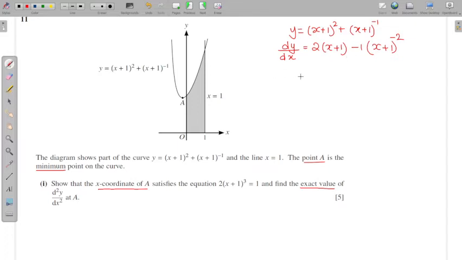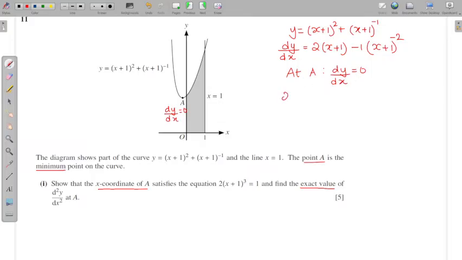Now at point A, since this is a minimum point, and a minimum point is a type of stationary point, right? And at a stationary point, dy by dx is always equal to 0. So that is why at point A, this expression will be equal to 0.